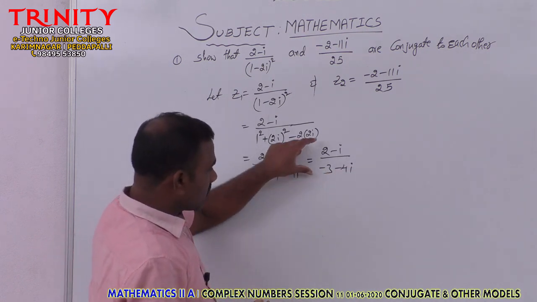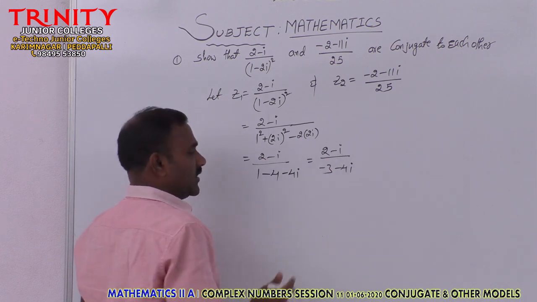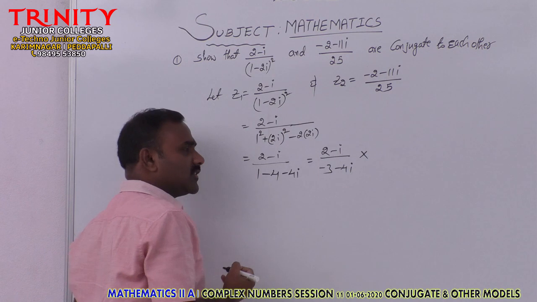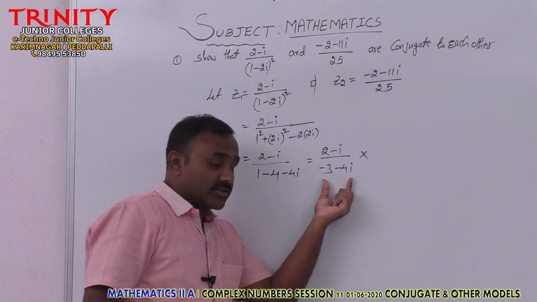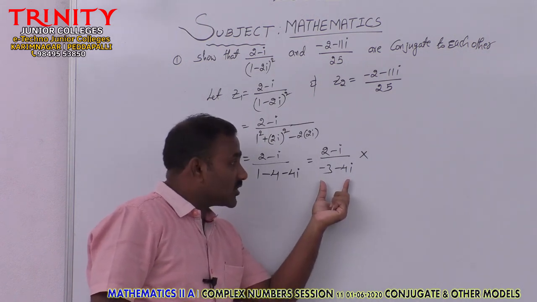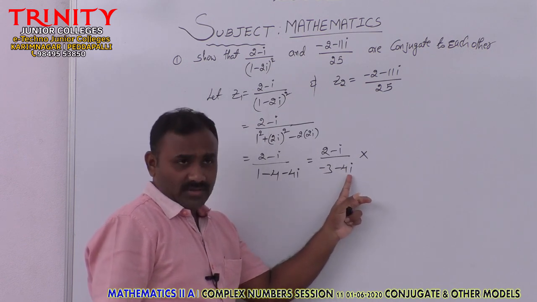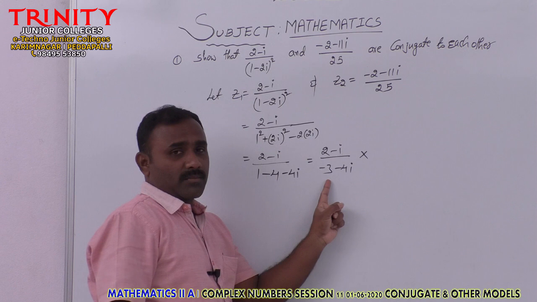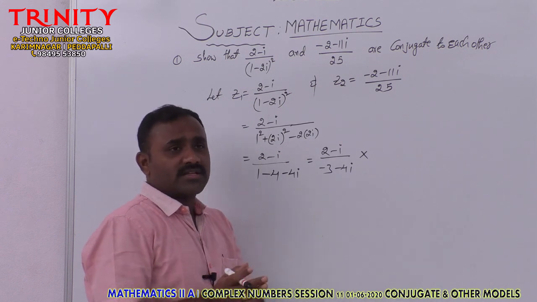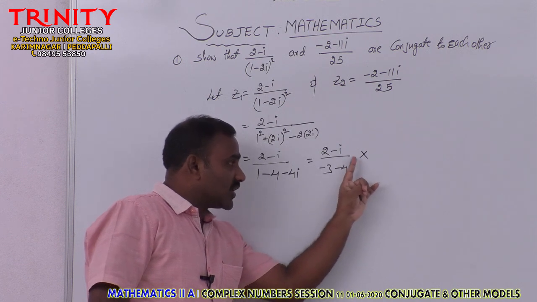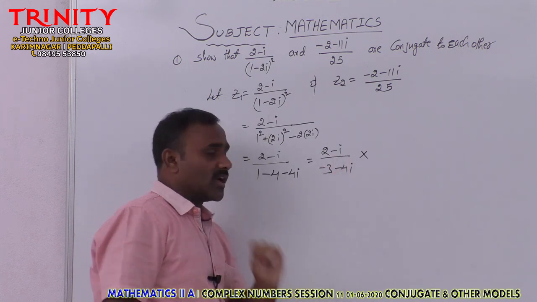Still it is not in the standard form. Then we should multiply and divide with its conjugate. Why are we going for the conjugate? In the denominator, the imaginary part is there. If it is a complex number, there won't be any imaginary part in the denominator. We have to remove the imaginary part from the denominator.